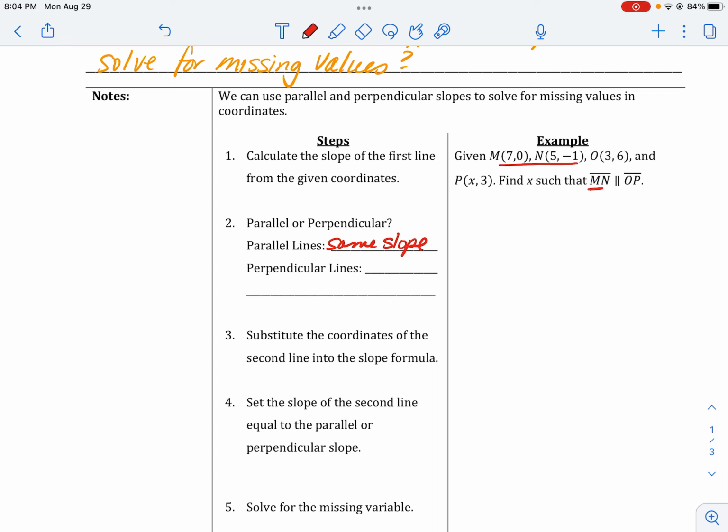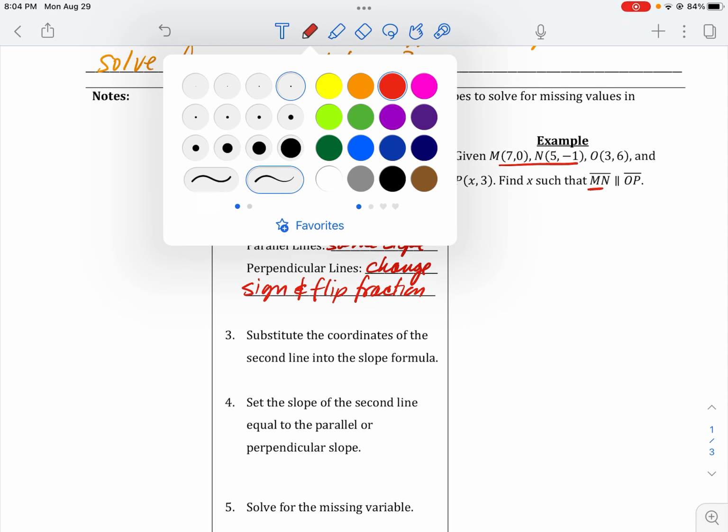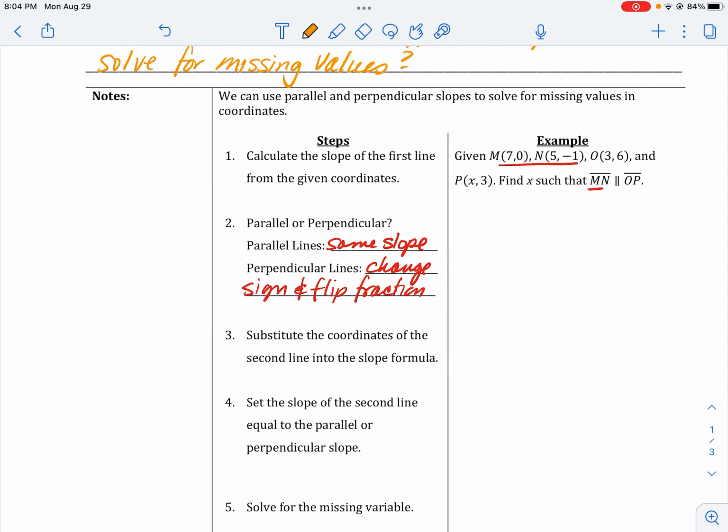And if it's perpendicular, we need to change the sign and flip the fraction. Just for thoroughness, slope is delta y over delta x.